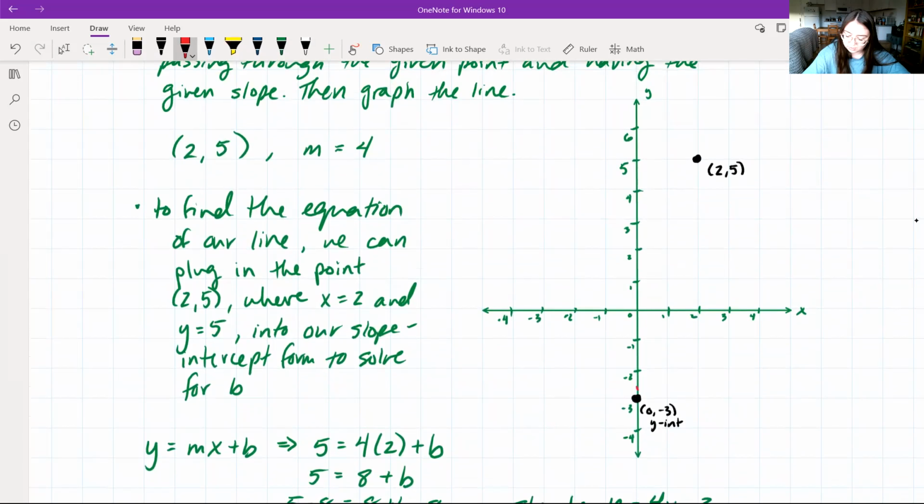So from -3, we want to go up 4, which is to +1. So we have that rise is equal to 4. And our run is just 1. And now we plot our point, which is going to be at (1, 1).